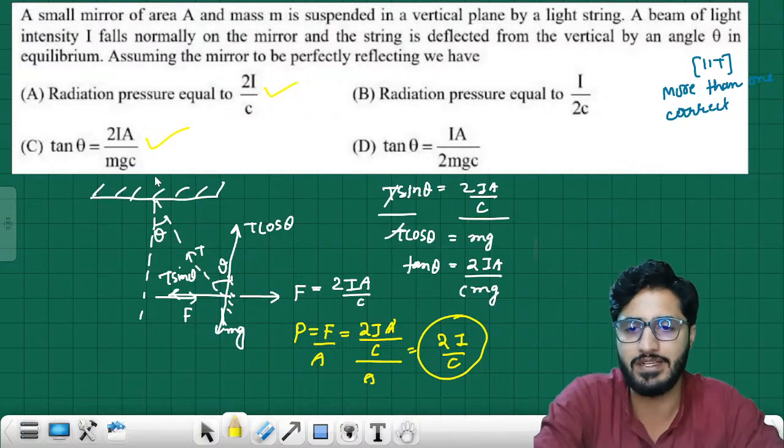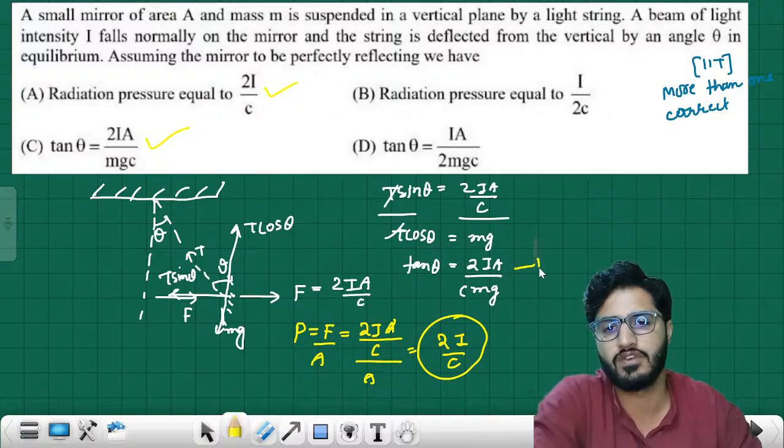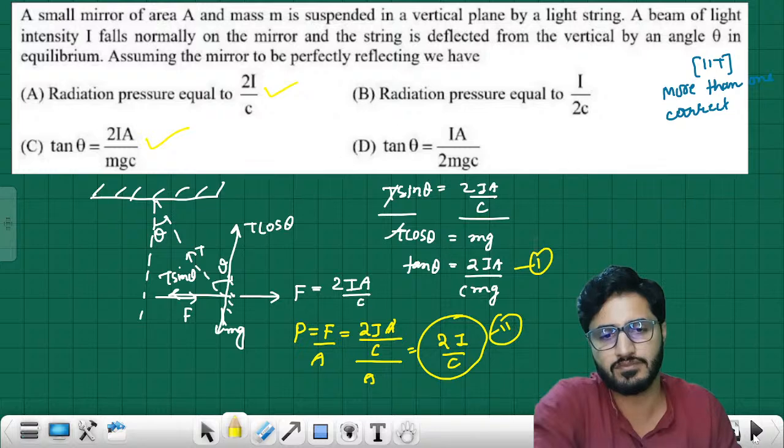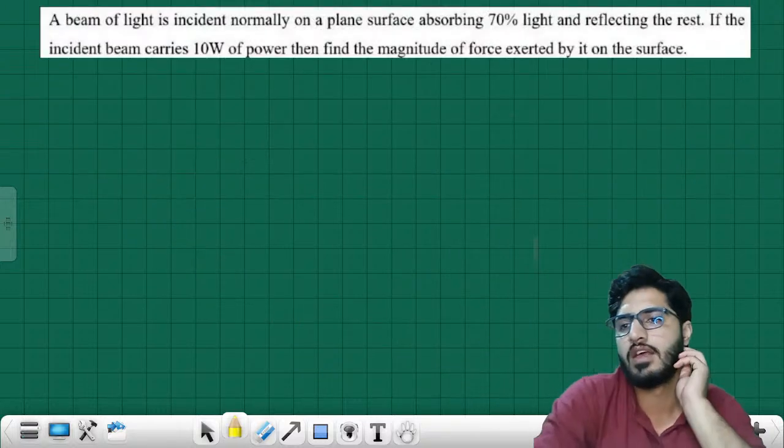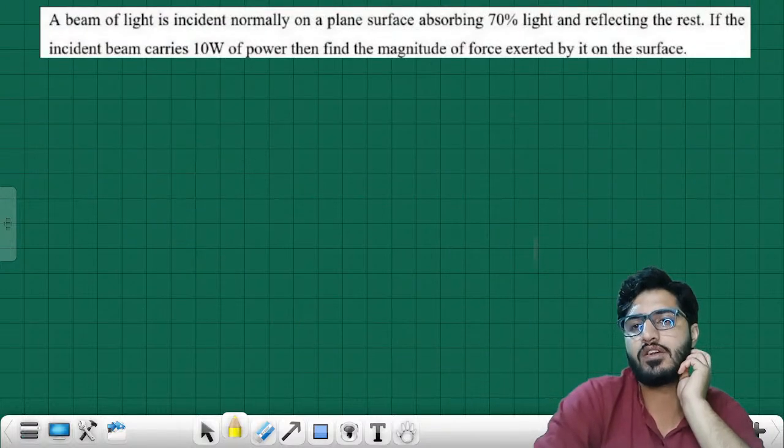And this one is from IIT. First one, second one, both correct answers. Next numerical: a beam of light is incident normally on a plane surface, absorbing 70% of the light and reflecting the rest.